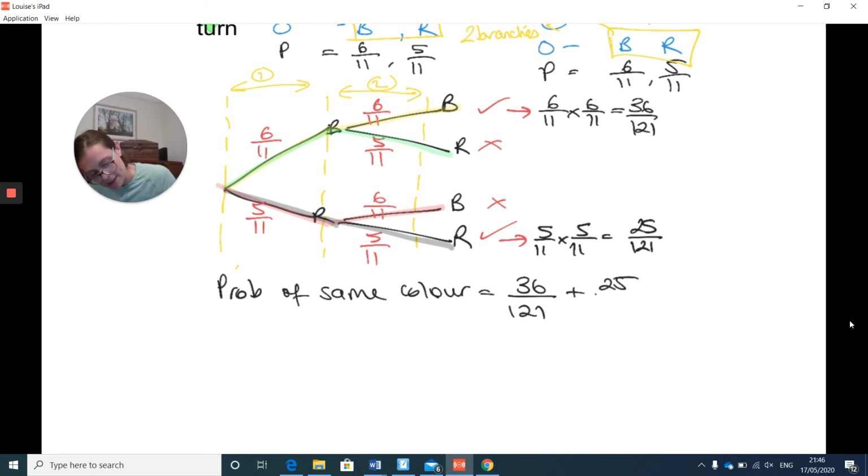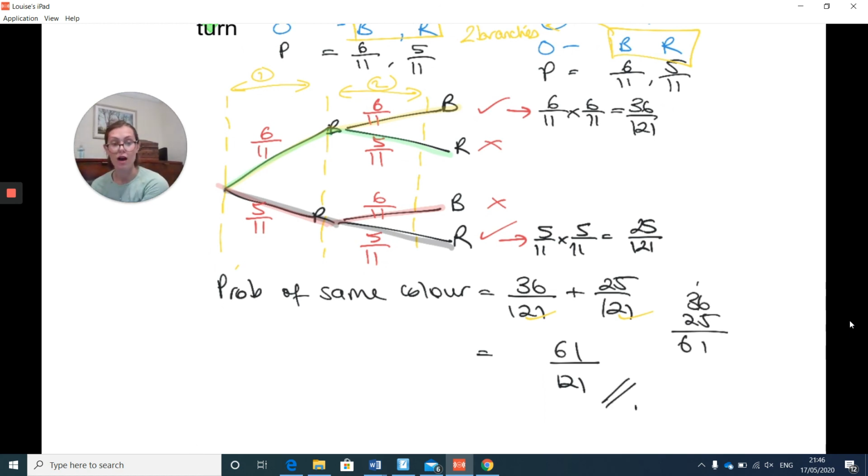So when I'm collecting branches, I'm going to add the fractions. And again, this fraction is lovely and easy to add because you've got the same denominator, so you have the same denominator in your answer. And you only need to do 36 add 25. So we should get 61/121.